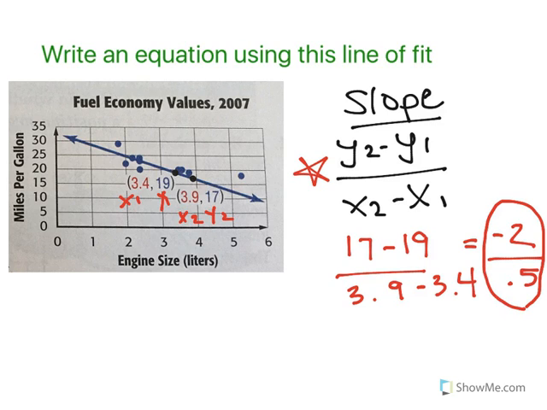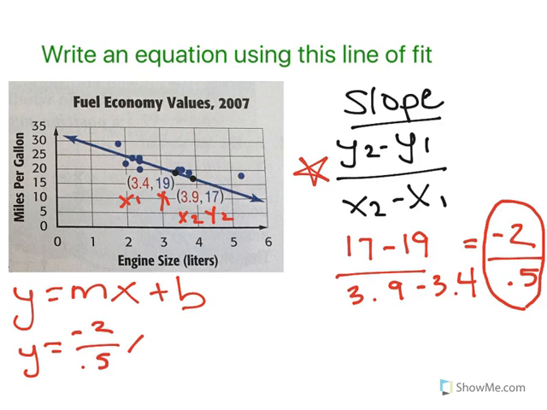Now I need to know my y-intercept, because remember the equation of a line is y equals mx plus b. So y equals my m, which is negative 2 over 0.5, x plus b, my y-intercept.